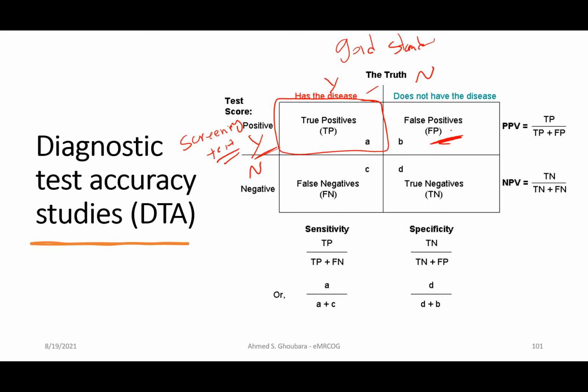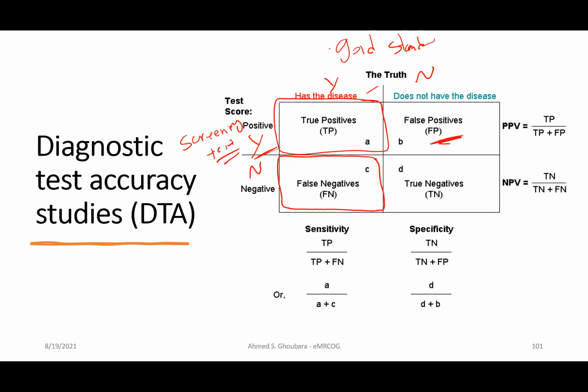But the negative disease. The screening test was negative. The ultrasound for that lady was less than 4 millimeters, but doing the histopathology at the end of the day, it came up positive.